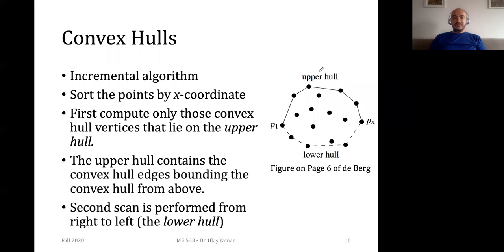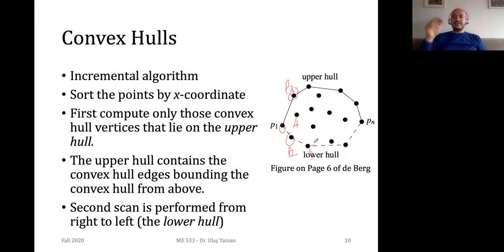So if you look at the previous slide here, we will start with P1 and then start adding the next site, which has a bit higher x value than the previous one. So the next one will be this one. So that will be P2, and then I think this is P3, since it has the third largest x value, and this is the fourth one, and that is the fifth one.